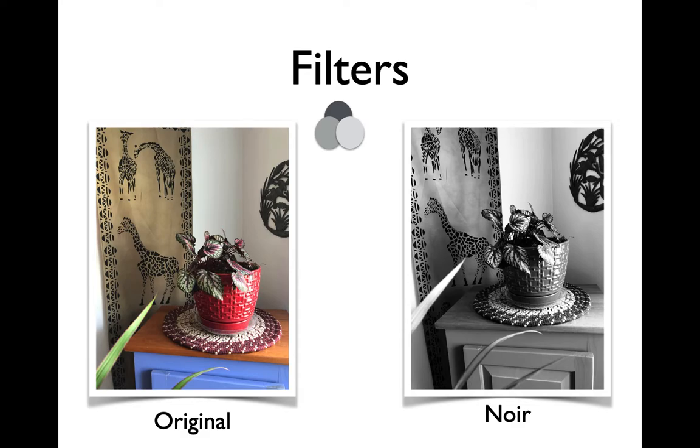So you've got a variety of choices, both on the camera app and also in the Photos app. And they're fun to play around with. Again, when you've got a few minutes, take out your iPhone or your iPad and play around with those filters to see the different effect they can have on your pictures. They can give it a whole different feeling.